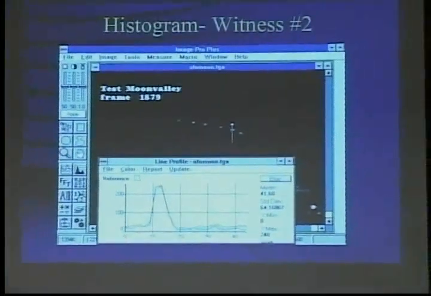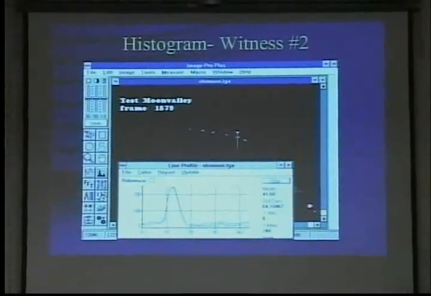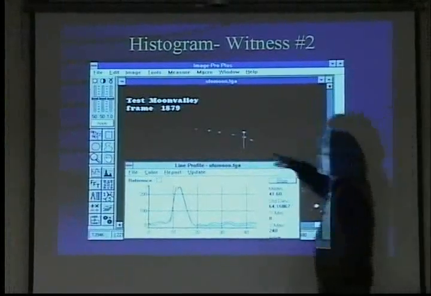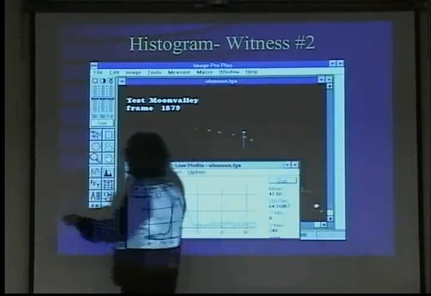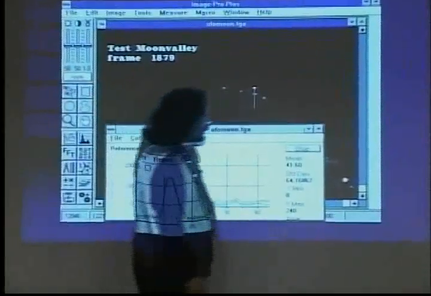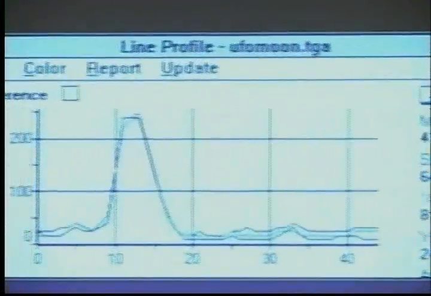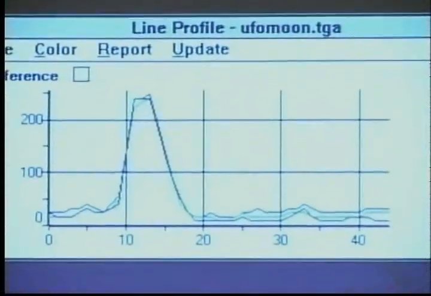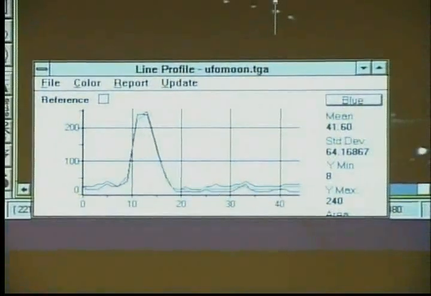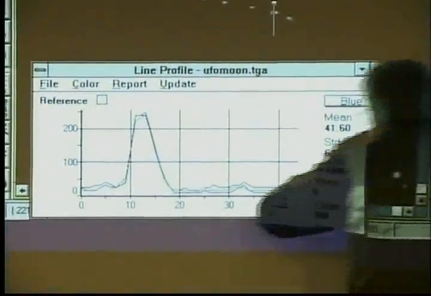Okay. Fundamentally, testing the Moon Valley witness number 2 image, just a quick example of a sigma. Remember, one frame. Take red, green, and blue, mean, deviation, et cetera, come up with a single number. That's a number with a lot of decimals after it. Store it. But just look at the graph for now.